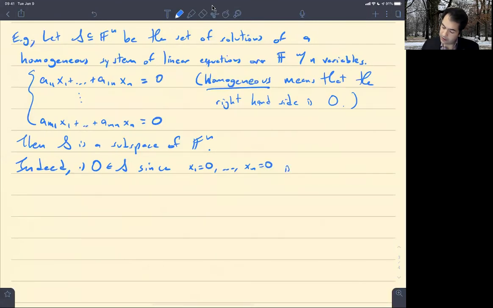So this is a solution. Okay, next we need to check that if u is a vector in S, then minus u is also a vector in S. Right?